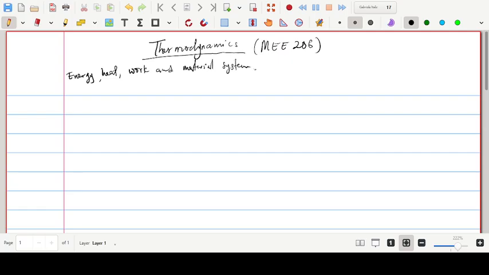Is that taken? So thermodynamics is a science that deals with the interaction between heat, energy, work, and material system. There is no way we can explain thermodynamics without laying emphasis on these four things that I listed out.